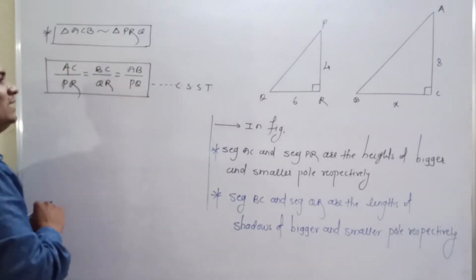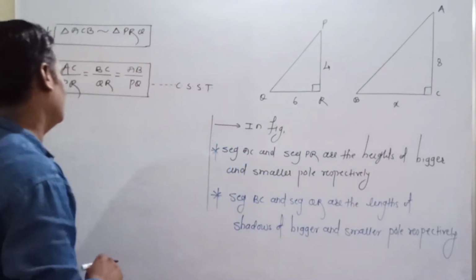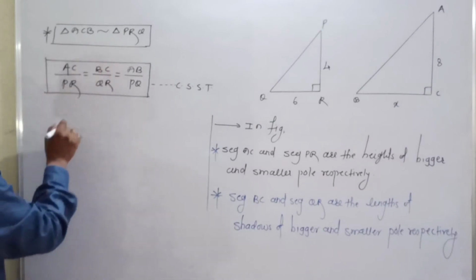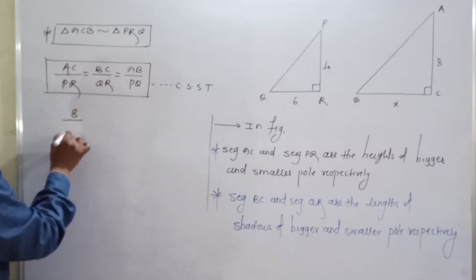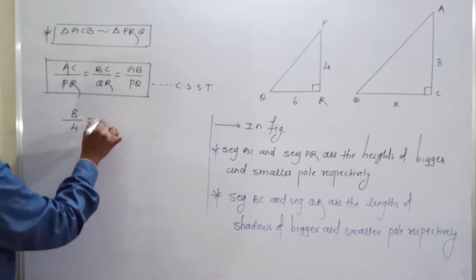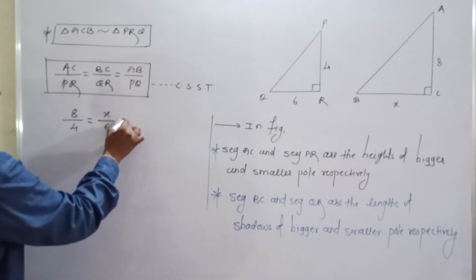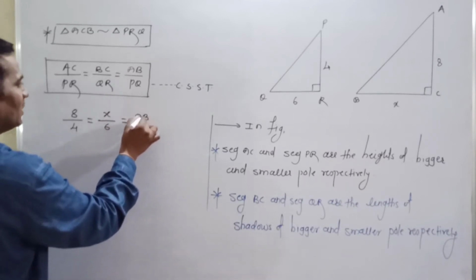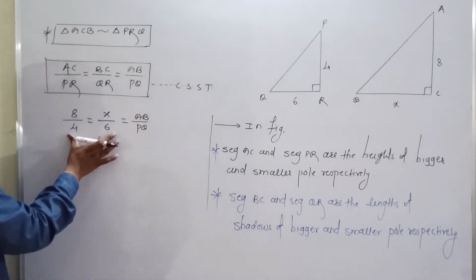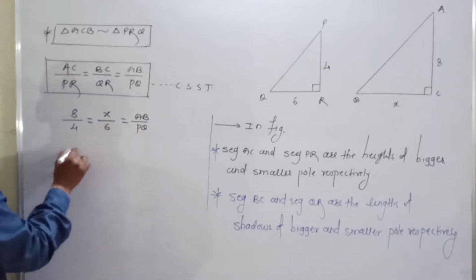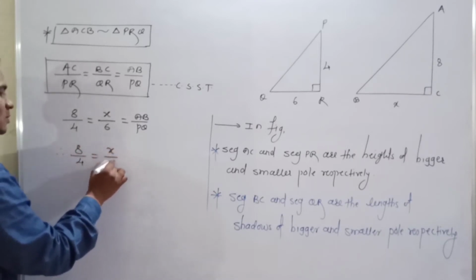So let's put down the values over there. We want to find out this x, that means the length of BC. So AC is given, that is 8 upon PR is given 4, is equal to BC, x upon 6. And AB upon PQ we keep as it is. We want these first two ratios. So 8 upon 4 is equal to x upon 6.